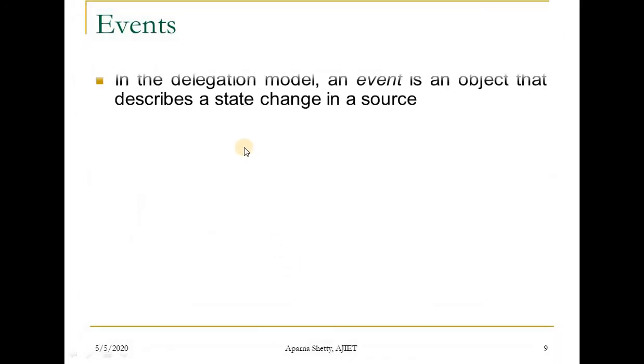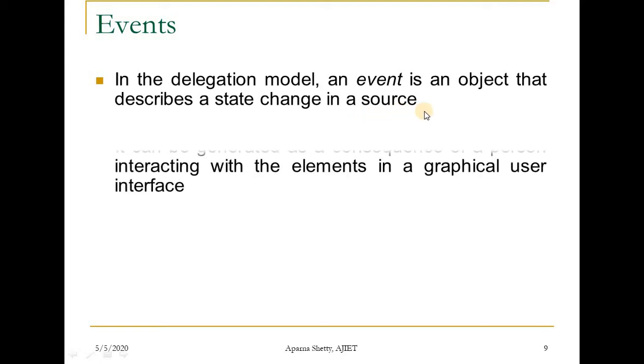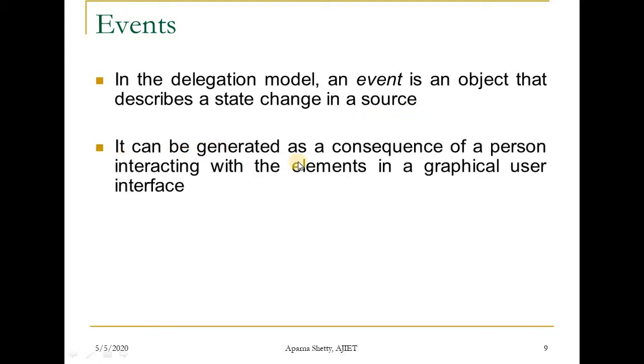Next, events. In the delegation model, an event is an object that describes a state change in a source. It can be generated as a consequence of a person interacting with the elements in a graphical user interface.